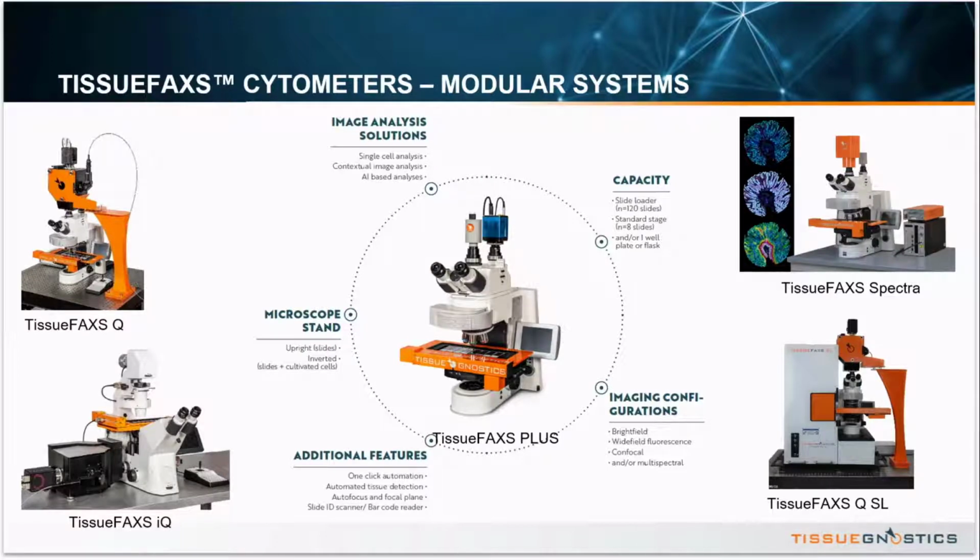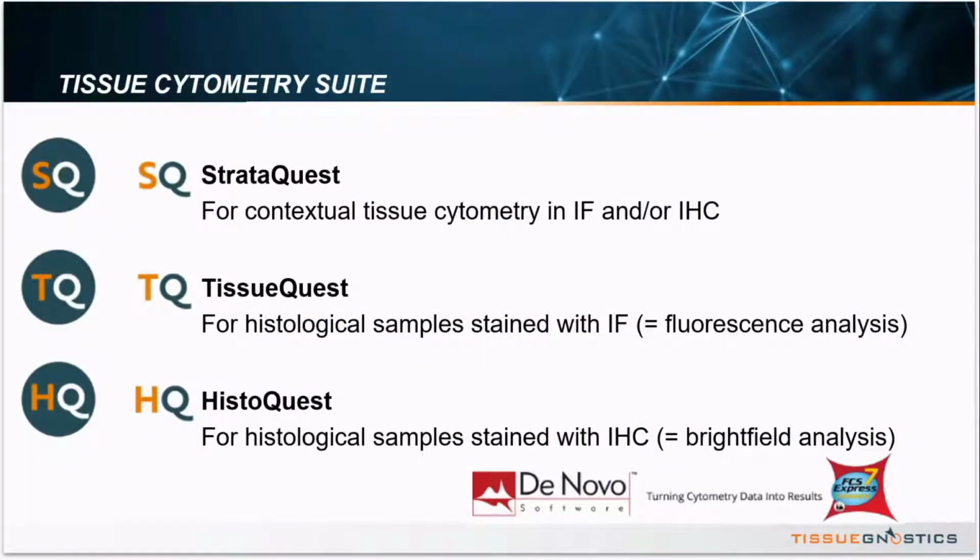You will for sure recognize that the hardware is based on a high-end microscope from Carl Zeiss, Germany. So we are an OEM partner of Carl Zeiss. And what converts the Zeiss microscope into a tissue cytometer is our software, both software that automates the scanning, but also the software that does the analysis.